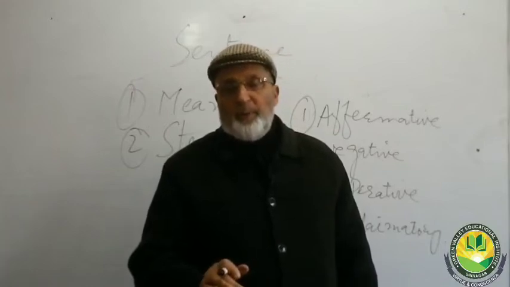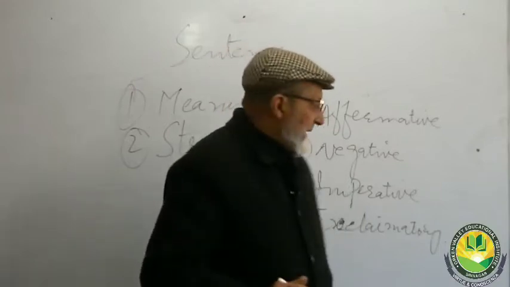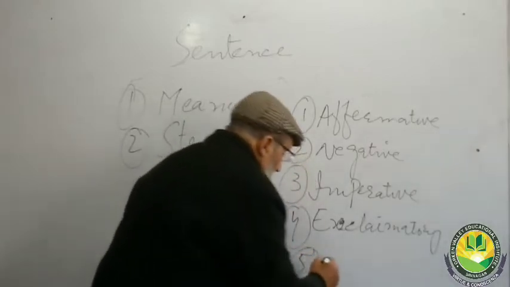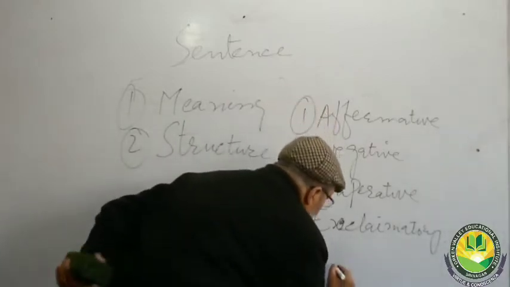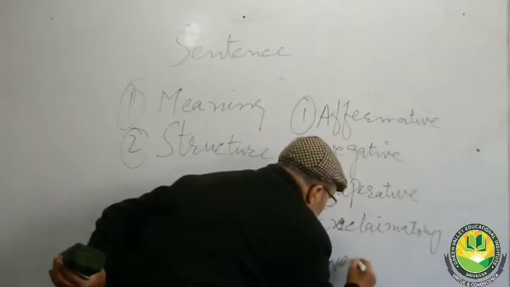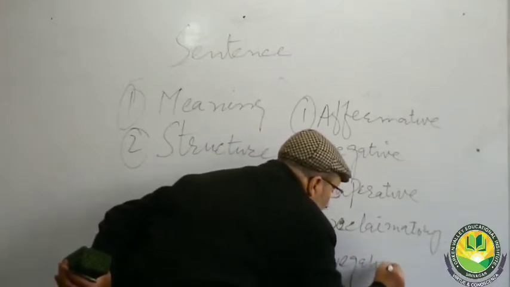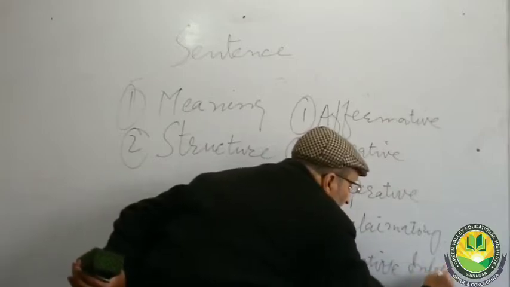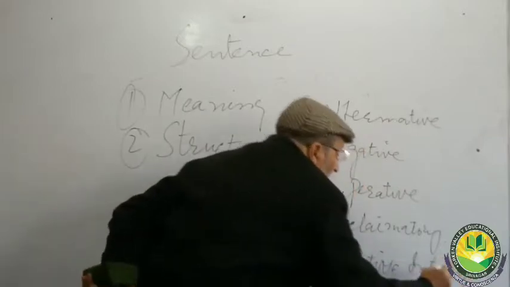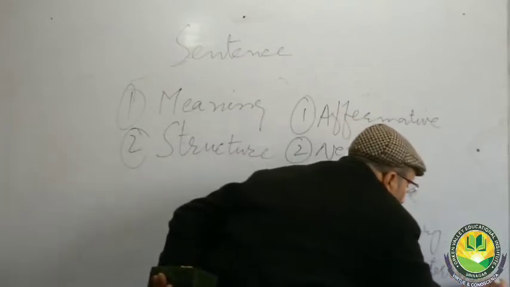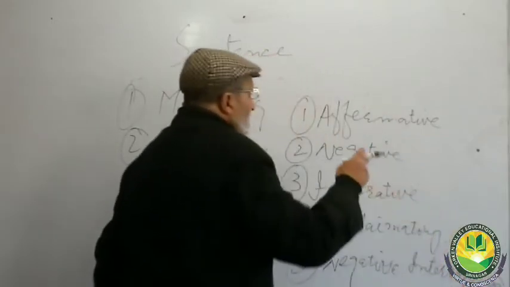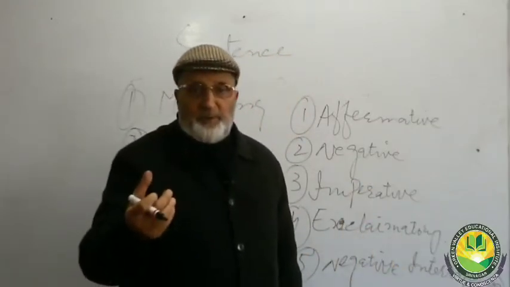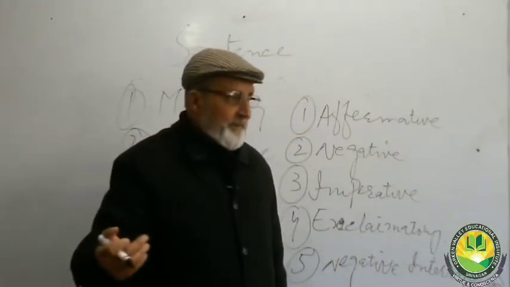Wow, we have won the match, like that. And then the fifth type is negative interrogative. In addition to these, this affirmative sentence can be sometimes optative, sometimes assertive, etc., etc.